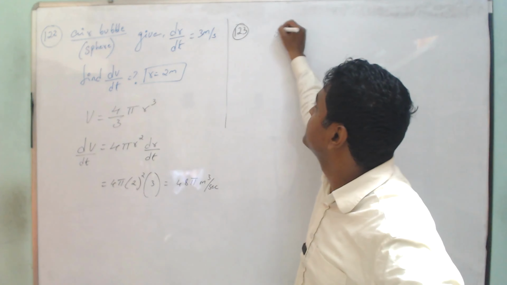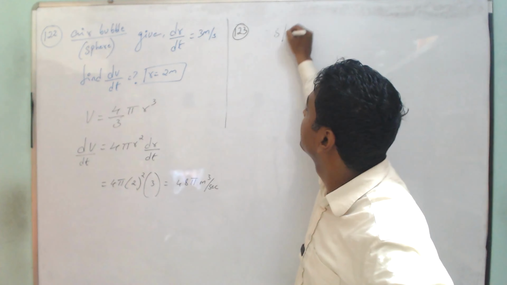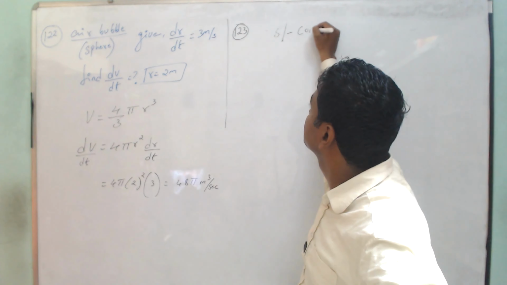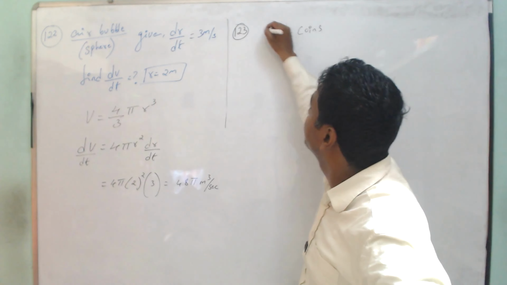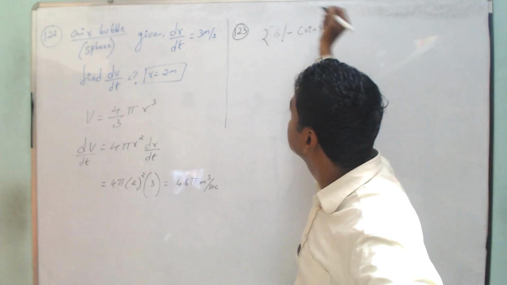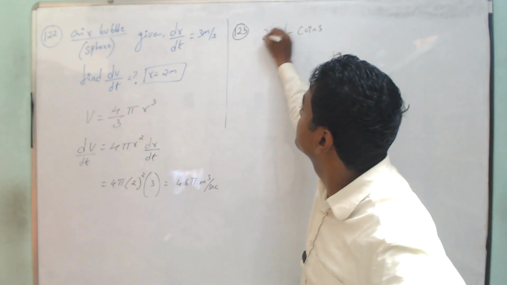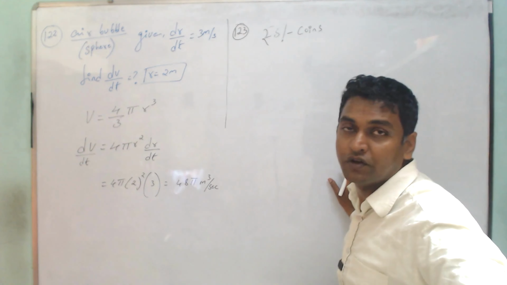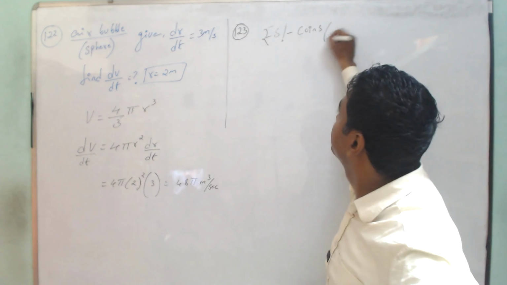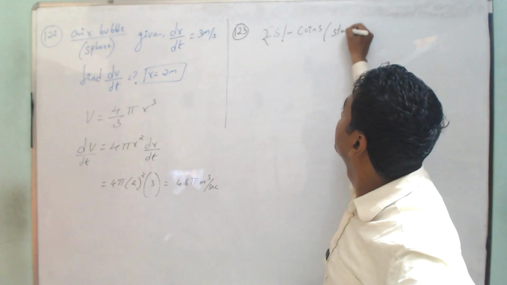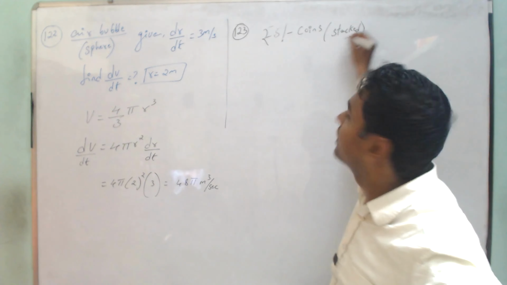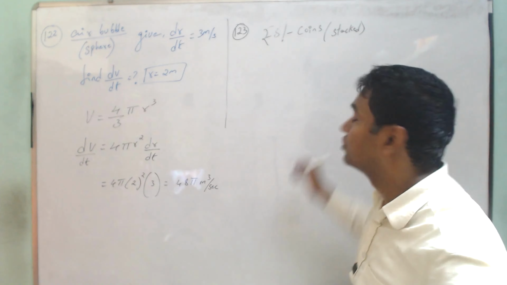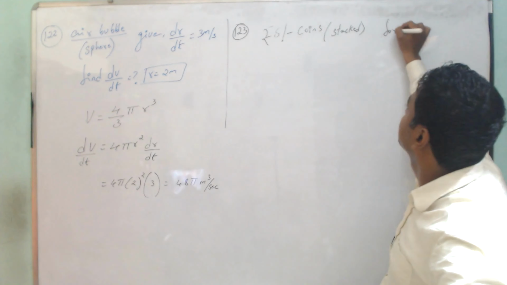5 rupee coins. 5 rupee coins are being stacked upon each other to form a cylinder.